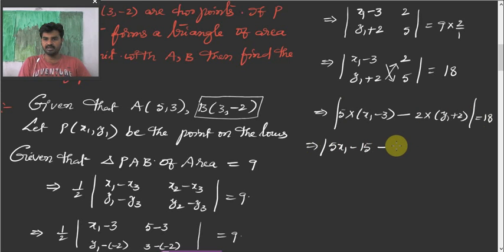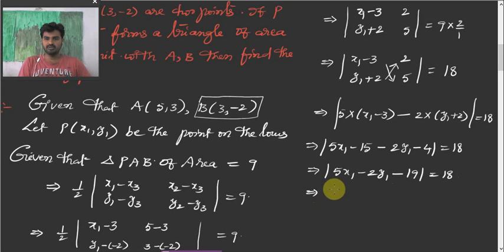By multiplying minus 2, the answer is minus 2y1 minus 4 is equal to 18. So simplifying like terms, 5x1, first write the x1 value, next y1, and finally minus 19 is equal to 18. Next, removing the modulus, you get either side plus or minus. I have taken plus or minus 18.